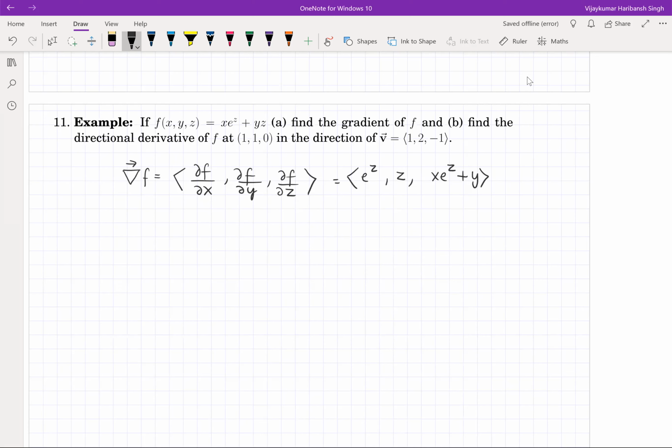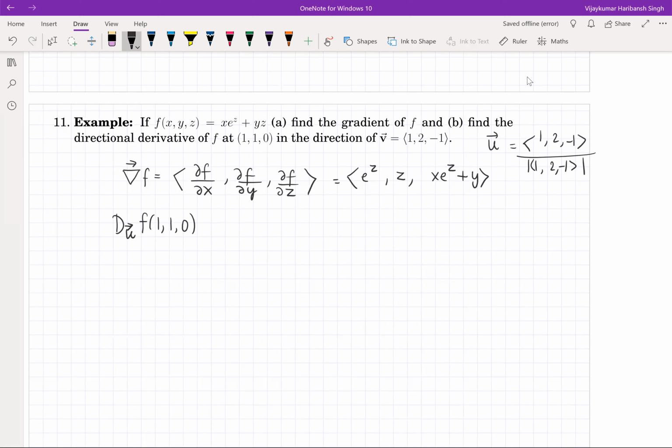So now find the directional derivative at 1, 1, 0. So this is going to be f evaluated at 1, 1, 0. Again, I need to find out what my unit vector u is going to be: 1, 2, minus 1 divided by the length of 1, 2, minus 1.